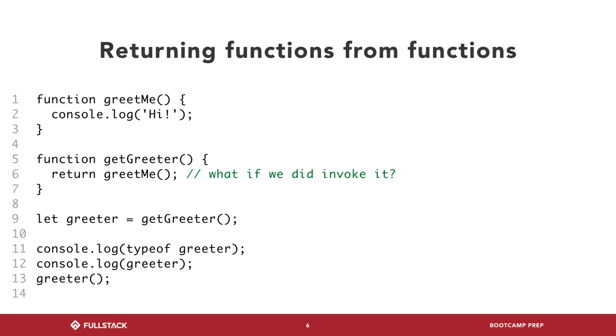After I run line 9, what does greeter equal? If I was to console log it out, what is the value of greeter? Function greet_me, okay. Hi, that was another guess. Anyone else? Undefined. Another guess.